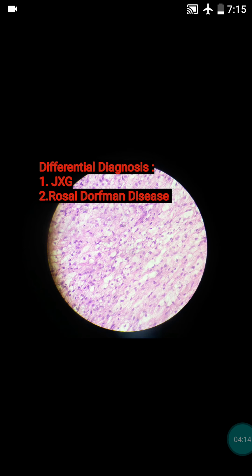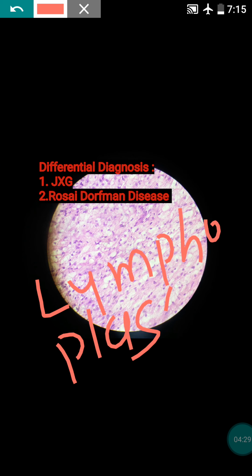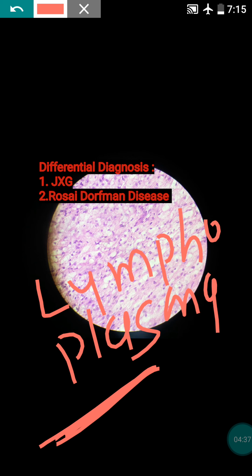The second differential diagnosis is Rosai-Dorfman disease. What happens in RD disease? Usually in Rosai-Dorfman disease, there will be a lymphoplasmacytic infiltrate. Lymphocytes and plasma cells are seen, separated by fibrous septa.